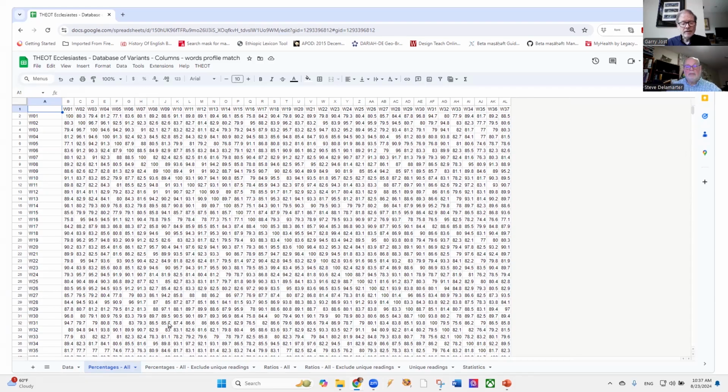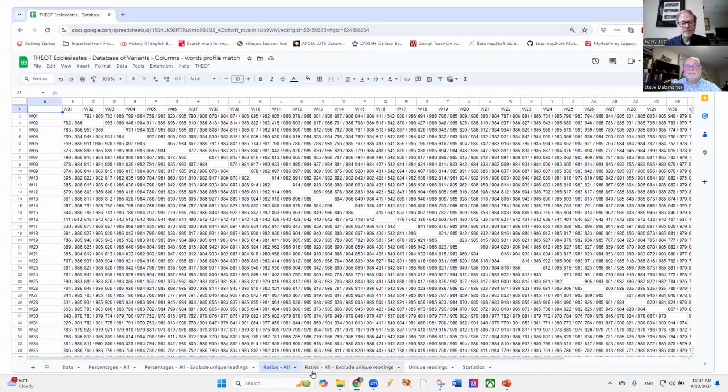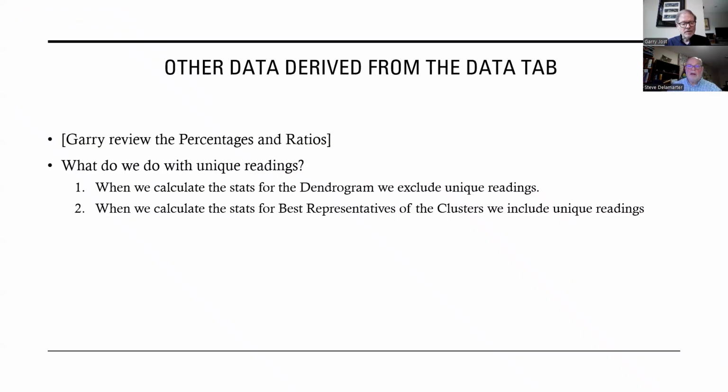We also create the ratios tabs. This is the same information as what we have in the percentage, expressed as a ratio. As for the significance of including or excluding the unique readings: for the sake of creating the dendrogram, we exclude the unique readings. It gives us a better picture.